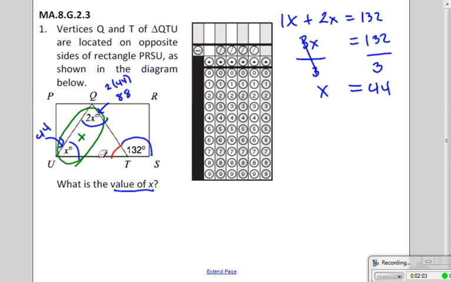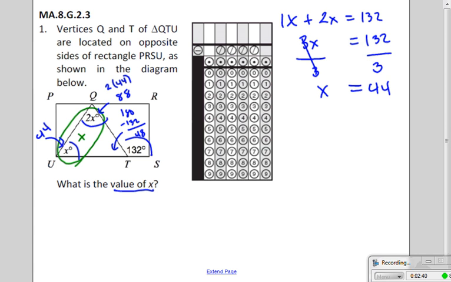We also could have been asked in this problem for angle QTU, this angle here. Well, then that would have been 180 minus 132. So this angle here would have been 180 minus 132, which would have given you an answer of 48.